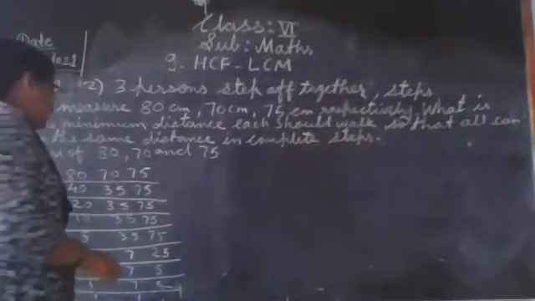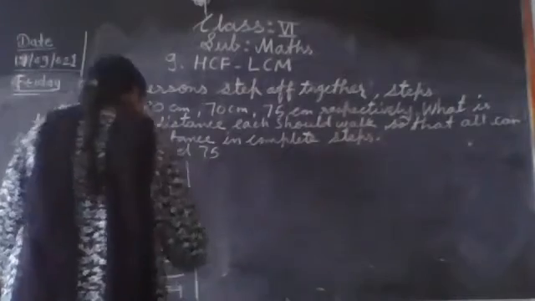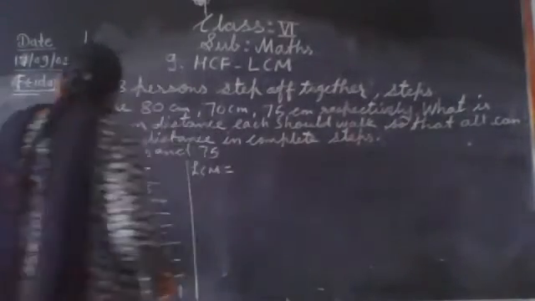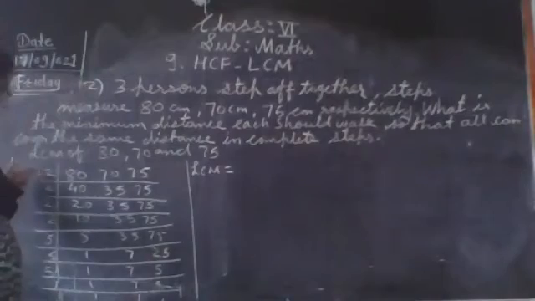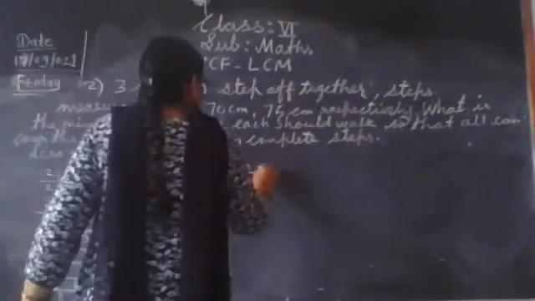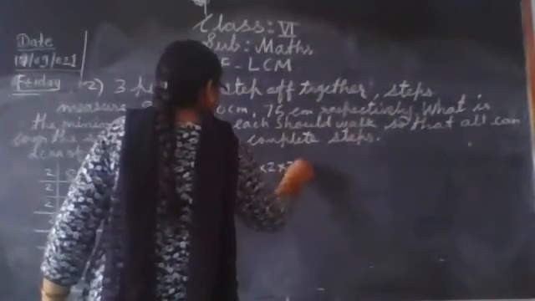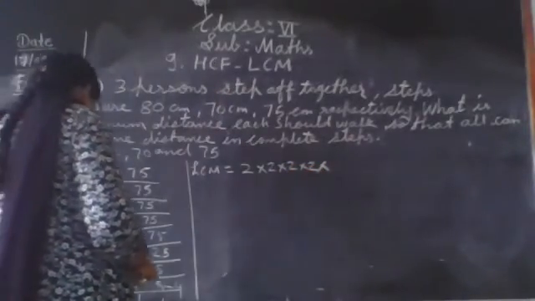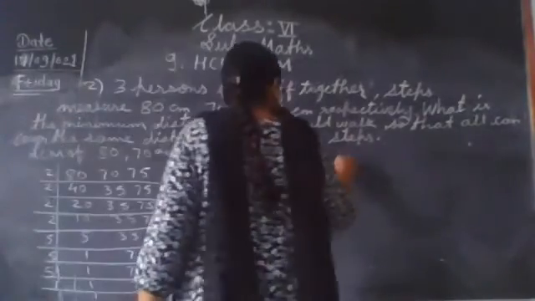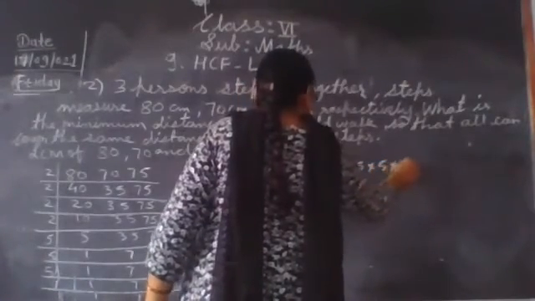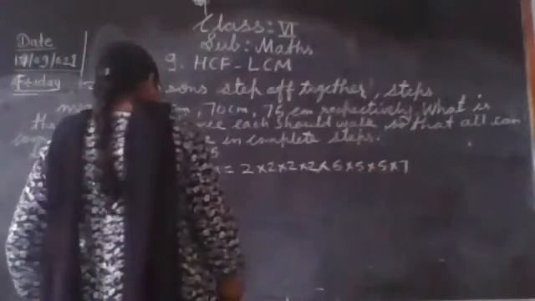So what is the LCM? You have to multiply all these: 4 times 2, 3 times 5, and 1 time 7.